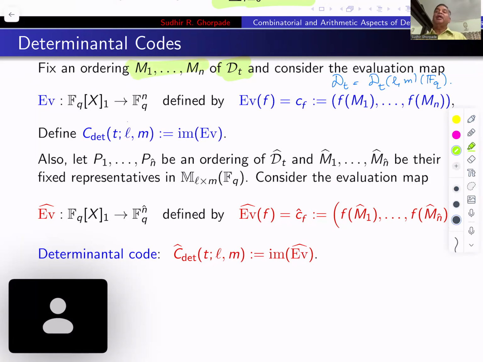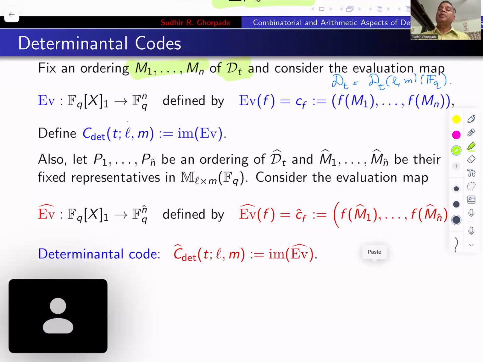Okay. And now I look at the evaluation map, which takes a homogeneous linear polynomial f in the matrix variables x_ij and substitutes each of these matrices of rank less than or equal to t. There are n of them. So I get f of m1, f of m2, ..., f of mn. It's obvious that this is a linear map.